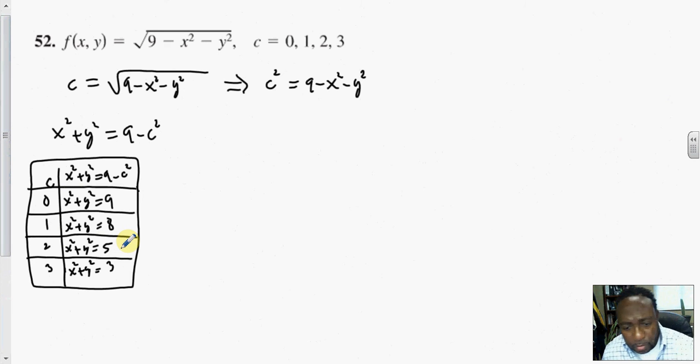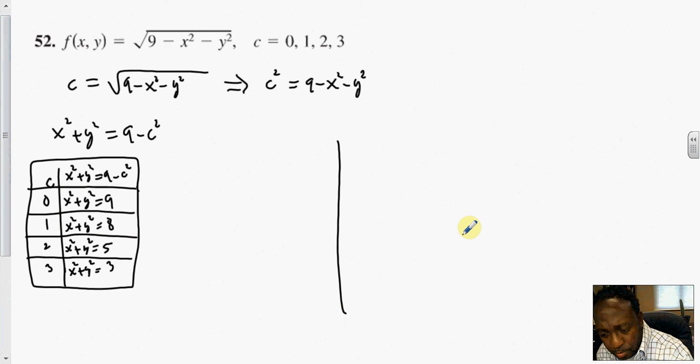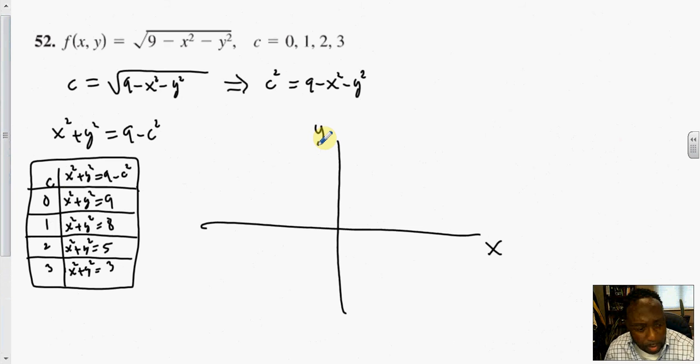So here we get circles. The first one is a circle with radius 3, and then all the rest of them get smaller.